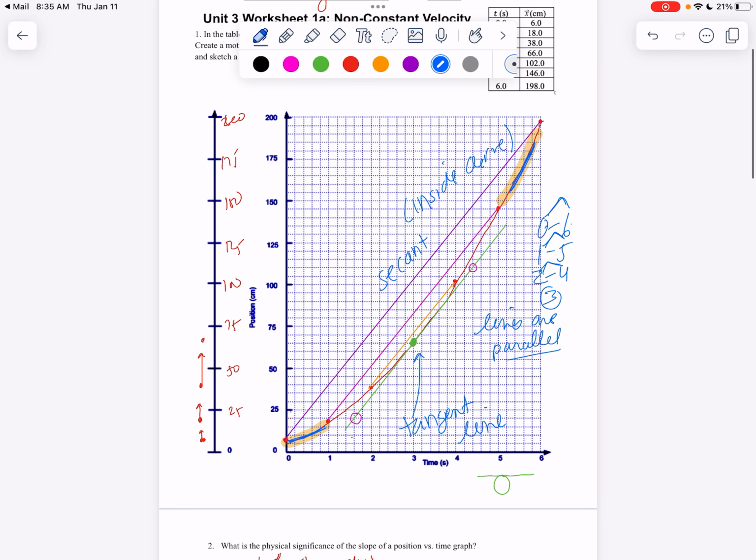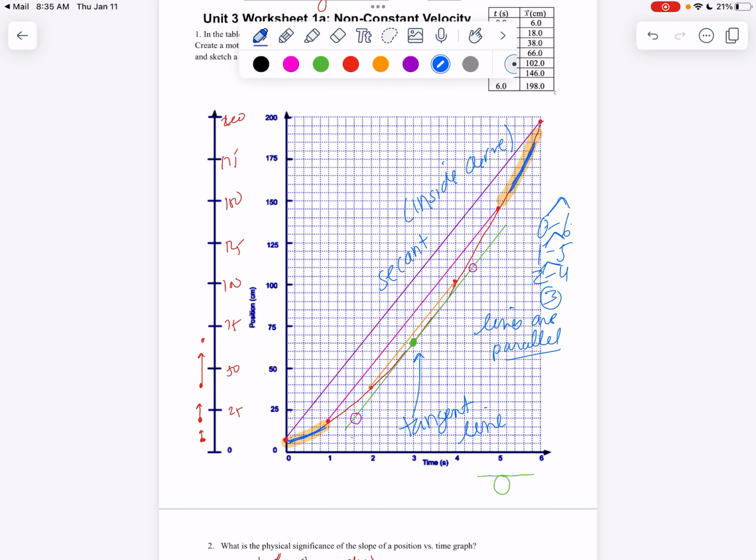So 2 to 4, we go 2.5 to 3.5, 2.9 to 3.1, 2.99999, 3.00001, right? We can keep shrinking that interval tinier and tinier until we get right at 3 seconds, okay? And that would be what we call the instantaneous velocity at 3 seconds, okay?